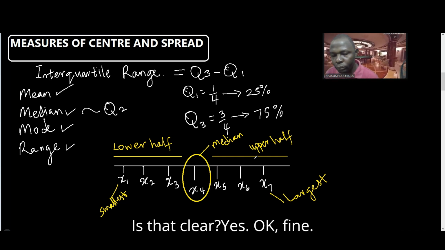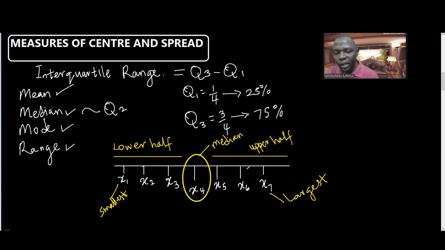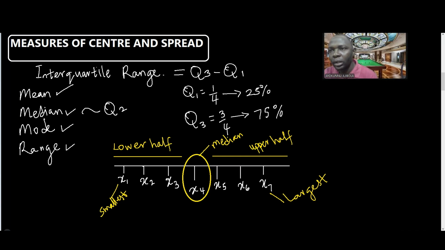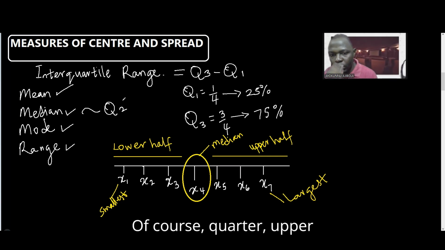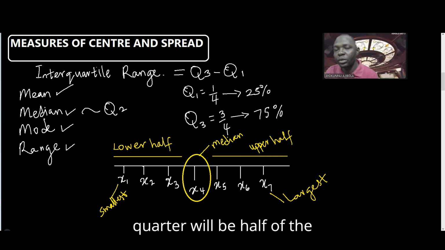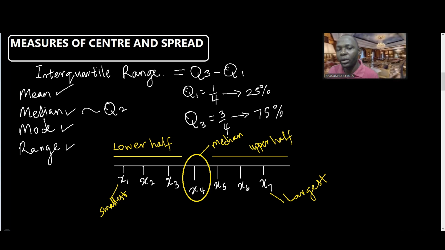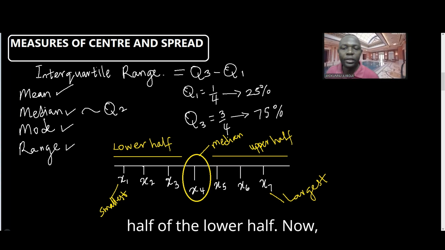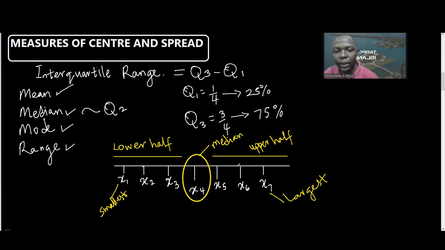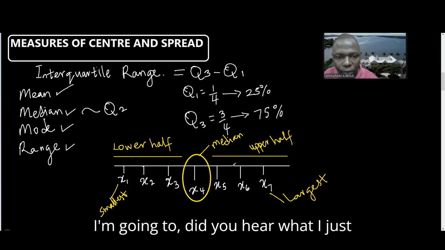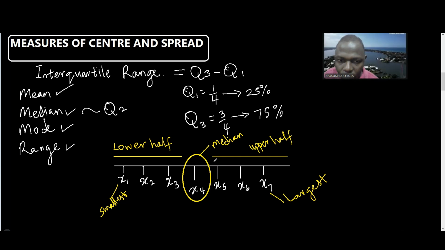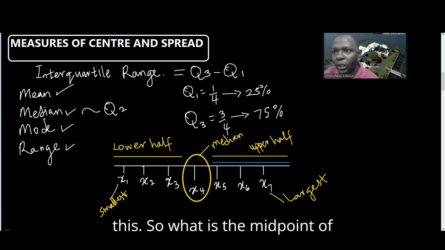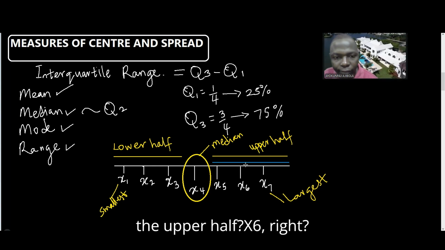Exactly. Okay, fine. Now, what about the quarters? Of course, the upper quarter will be half of the upper half, while the lower quarter will be half of the lower half. Did you hear what I just said? Upper quarter will be half of this. So, what is the midpoint of the upper half?